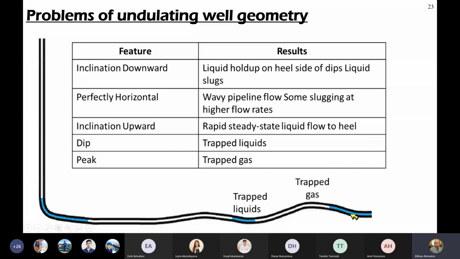Inclination downward like this tends to trap liquids in this, let's say, syncline area, because it is heavier than the gas, and vice versa in the inclination upward, or anticline area, the gas may be trapped.